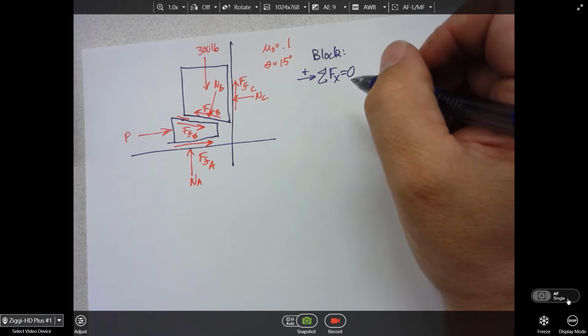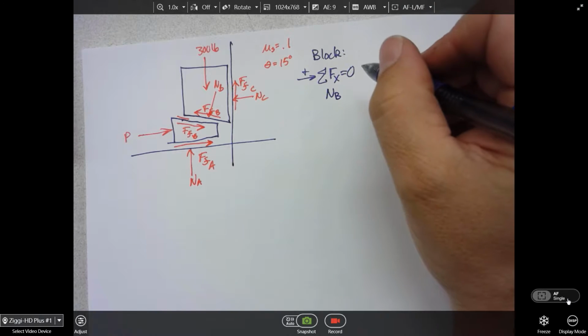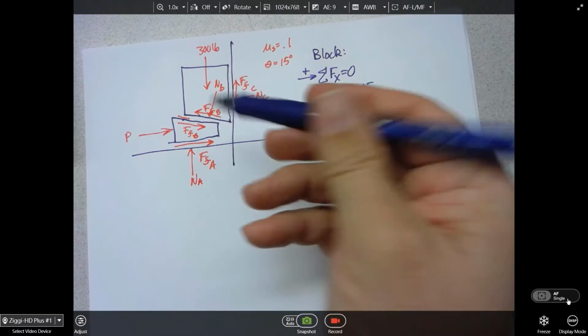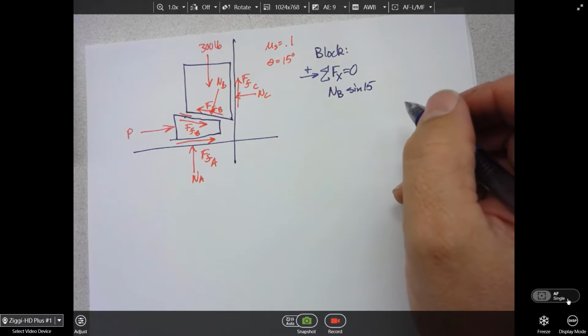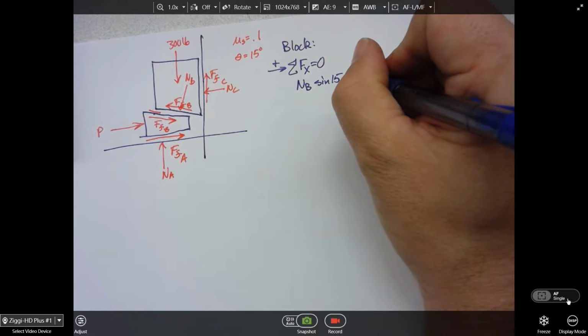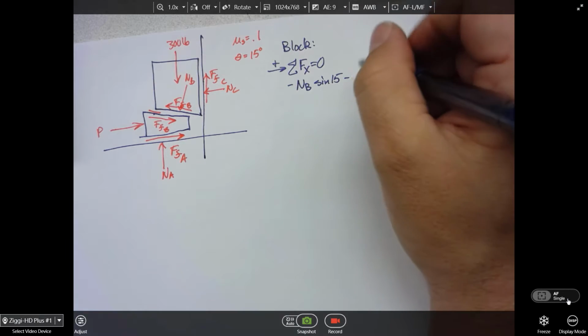B. So we'll have in B, sine 15, because I'm looking for the horizontal piece, so it's the little piece of NB, so I know it's the sine. What else? Both of these, that one's in the negative direction. This one will also be in the negative direction.